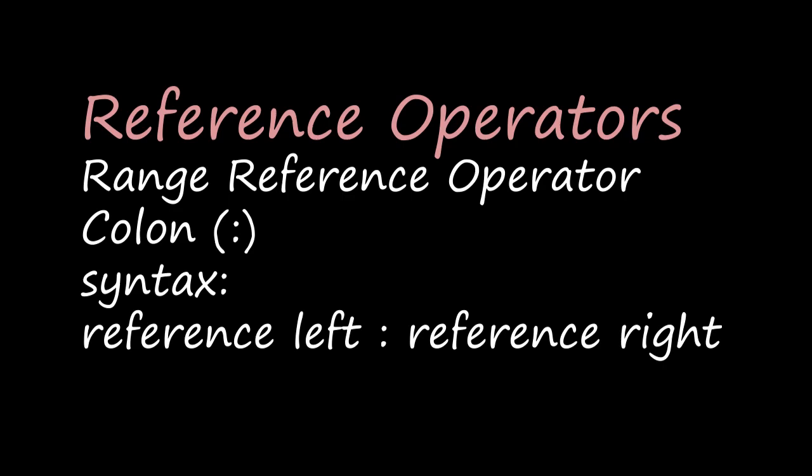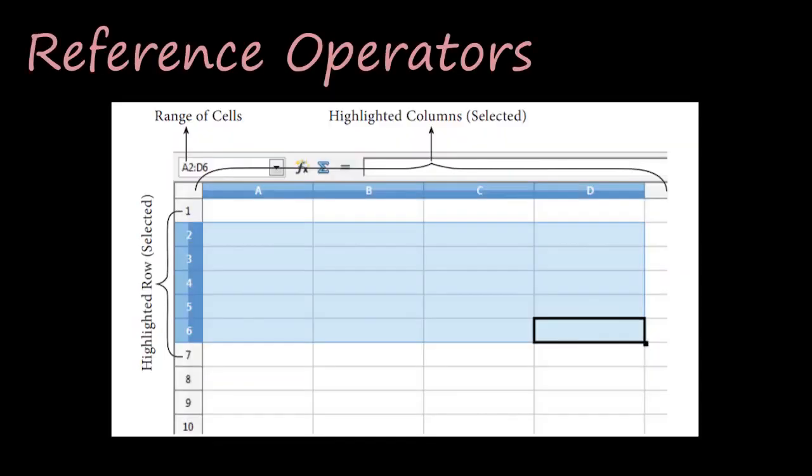For example, a linear group of cells, A1, A2, A3 till A5, is referred to as A1:A5. In a rectangular group of cells, A2, A3, then B2, B3 till D6, it will be given as A2:D6.